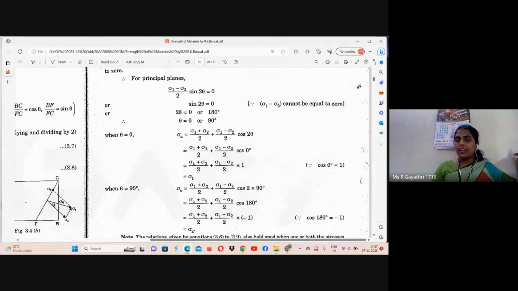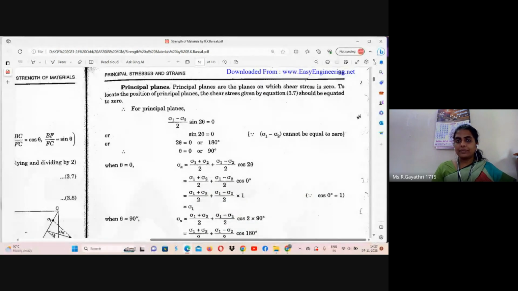This is normal stress equation. We know the condition of principal plane. In the principal plane, we can't see any shear stress. So sigma t equation should be 0. So sin 2 theta will be 0 or 180 degree. So theta is half of this value, 0 or 90 degree.